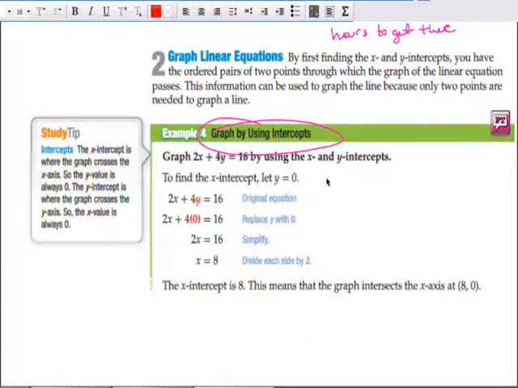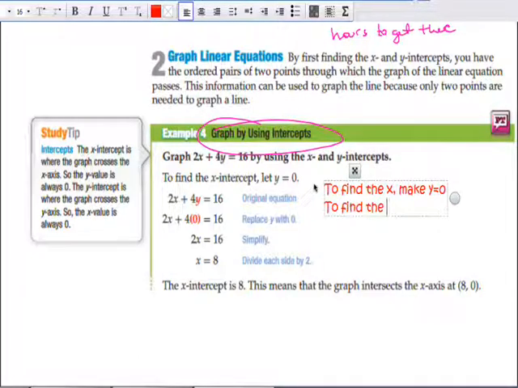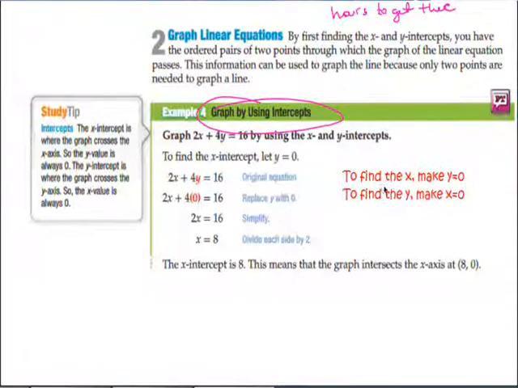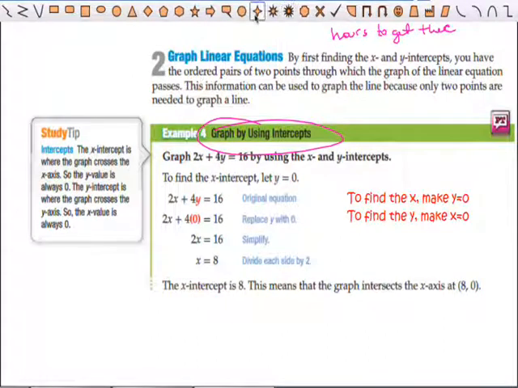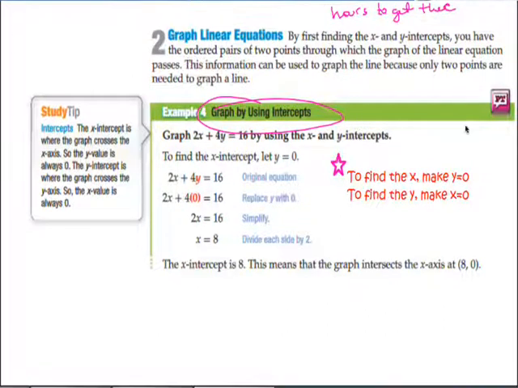The explanation here is to find the x-intercept, make y equal to 0, and to find the y-intercept, make x equal 0. Okay, that's as simple as it can be put. All right. So this is important. Write that down. Put a star by it so you know.